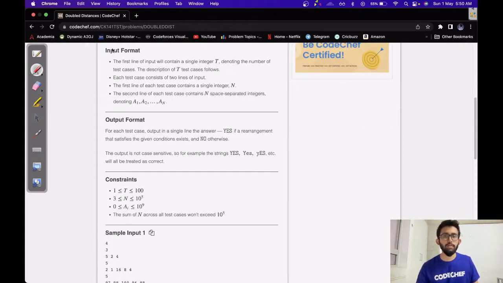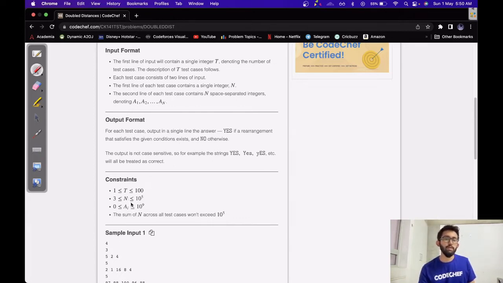Coming to the input format, the first line of the input will contain a single integer t which denotes the number of test cases. Then the first line of each test case will have an integer n, and then n space separated integers will follow. We have to print a single line. The answer will be yes if it is possible to find a rearrangement that satisfies the given conditions and no otherwise.